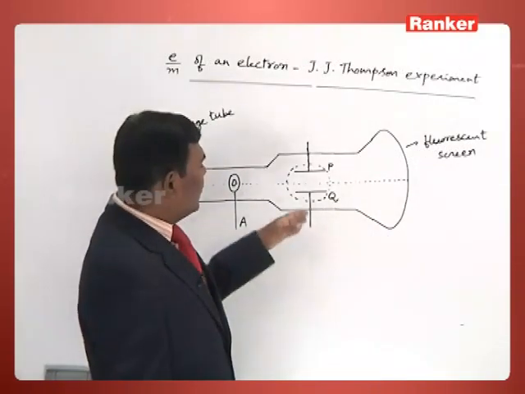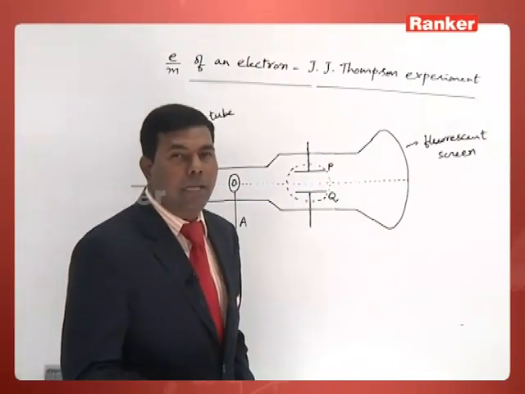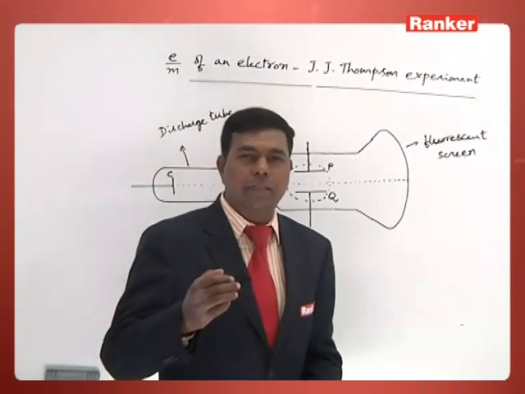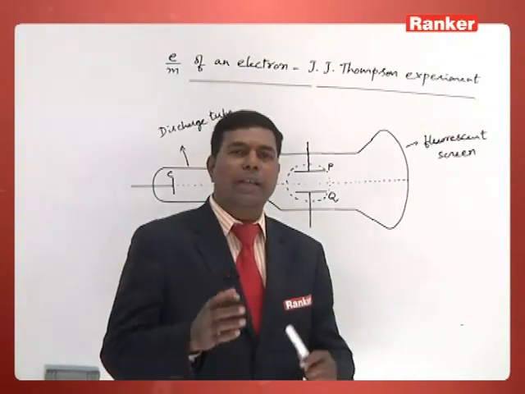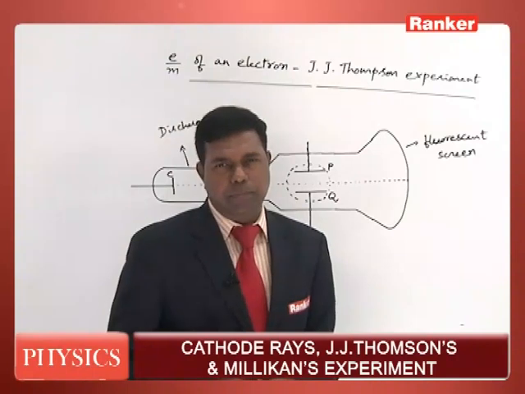Now, a magnetic field is applied in a direction perpendicular to the electric field, and the magnetic field is so adjusted that the electric force and magnetic force applied on the electron beam are exactly opposite and equal in magnitude.